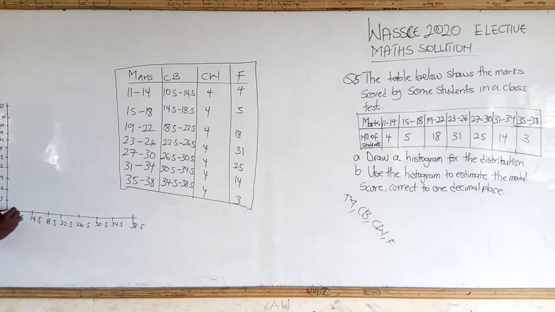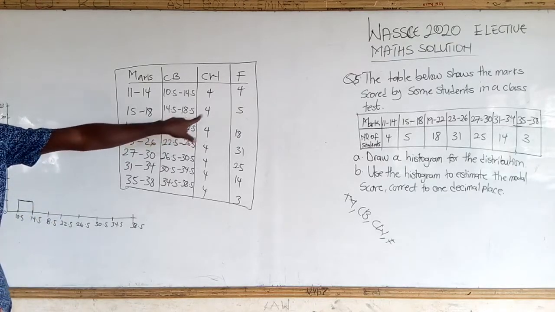So we are going to draw the bar from here. Let's say 3 is here, so the 4 will be somewhere here. Remember, my graph is not drawn to scale, so this is how it should be. This is 10.5 to 14.5.